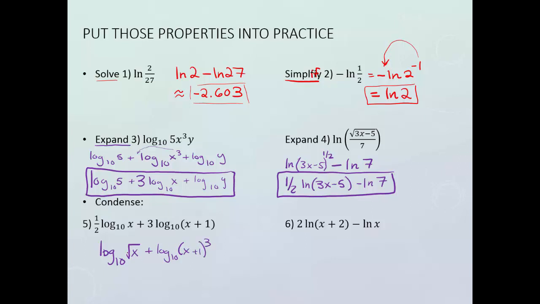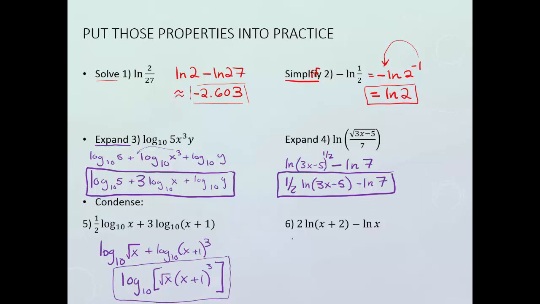And this can condense more because addition means we multiply those. So we get log base 10, and I'm going to go ahead and put brackets here, square root of x times x plus 1 cubed. And one more bracket. Try that again. And that's as condensed as it's going to get.